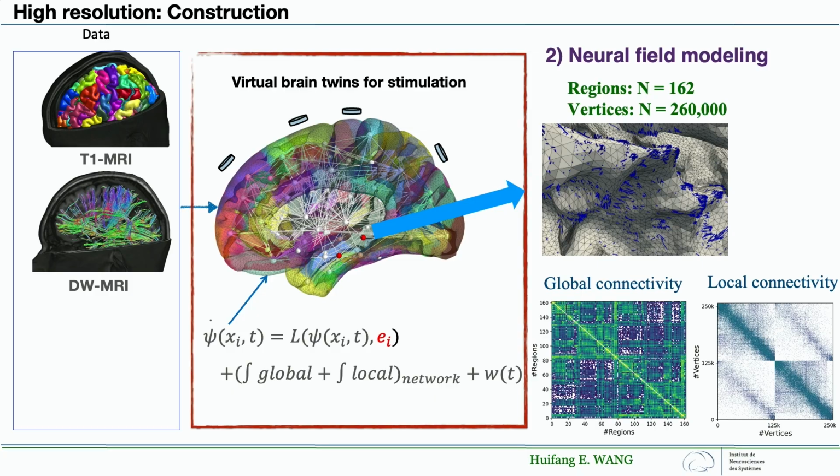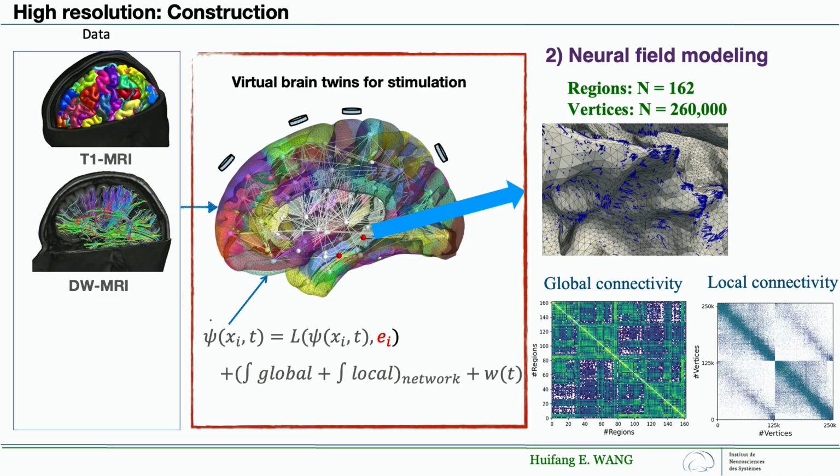This model we call neurofield modeling, and this is the local effect here. It's on each vertex right now; it's not in the node, it's one vertex. We consider both global connectivity through the white fibers, and local connectivity from this geometric information and the propagation, and we put it here.